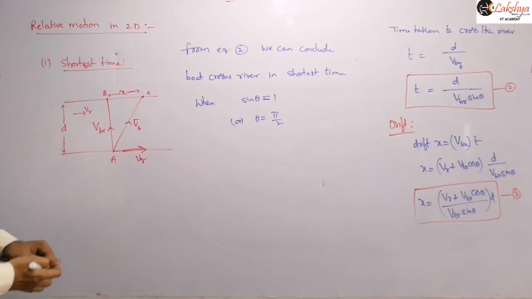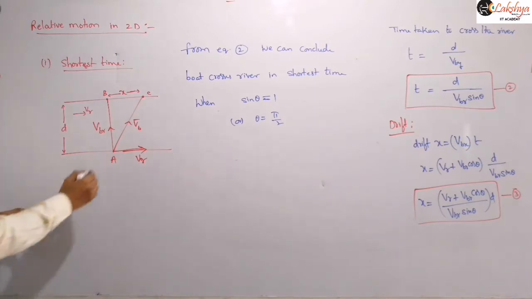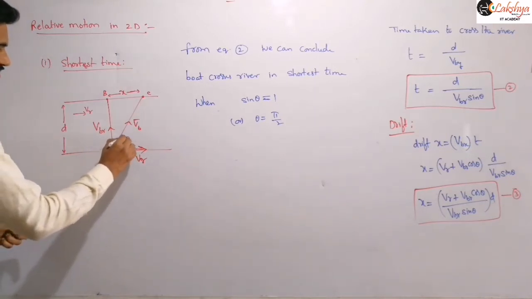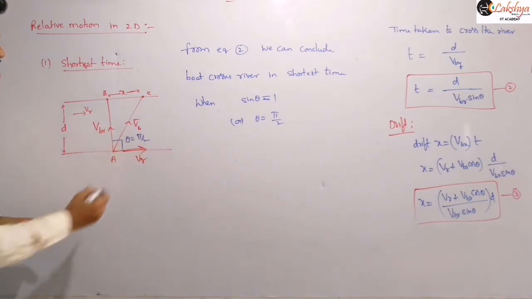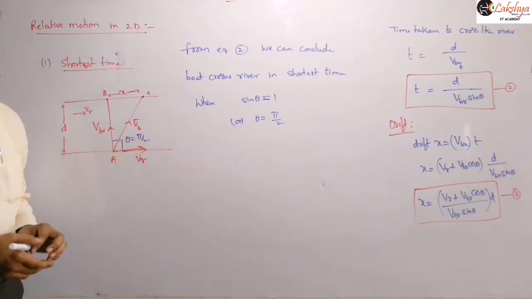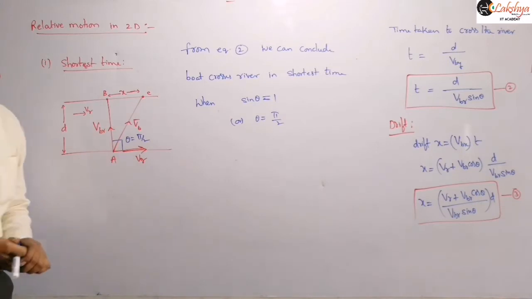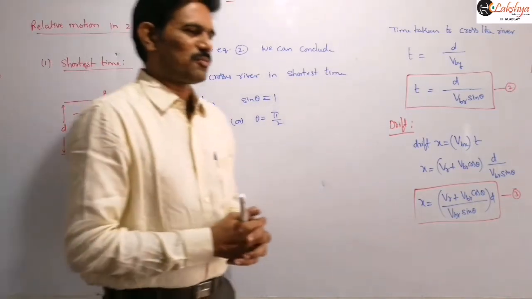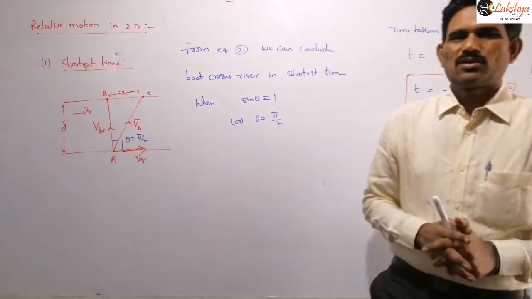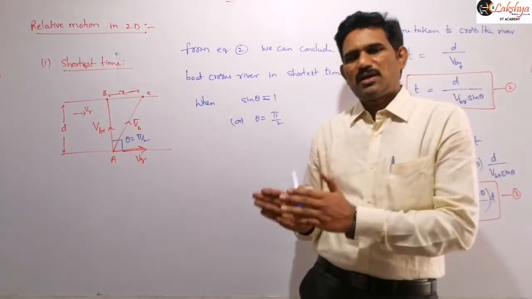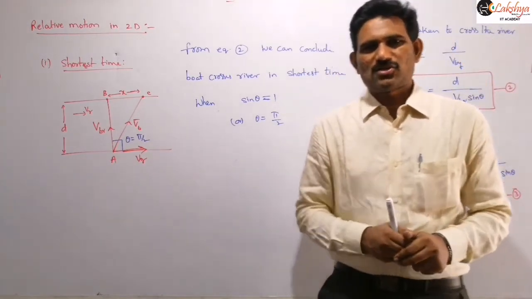So the corresponding diagram we are drawing here. That means this angle is nothing but our 90 degrees here, so this theta value is equal to pi by 2. So in this case the boat will cross the river in the shortest time. So they will give that information as, if it is a boat, the boat always maintains itself perpendicular to the direction of the river flow.